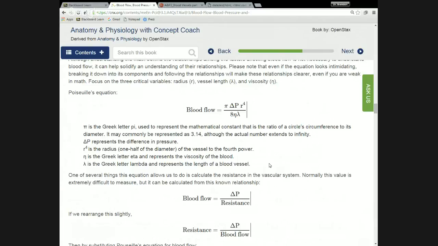And then delta P, delta is a Greek letter that's used to denote change or difference. So delta P is the change or difference in pressure where we're looking at blood flow. If we're looking at all of systemic circulation, then delta P would be essentially the blood pressure. The blood pressure at the end of systemic circulation is essentially 0, so the difference between the pressure generated by the heart pumping, and what it is at the end of circulation is just that blood pressure number.